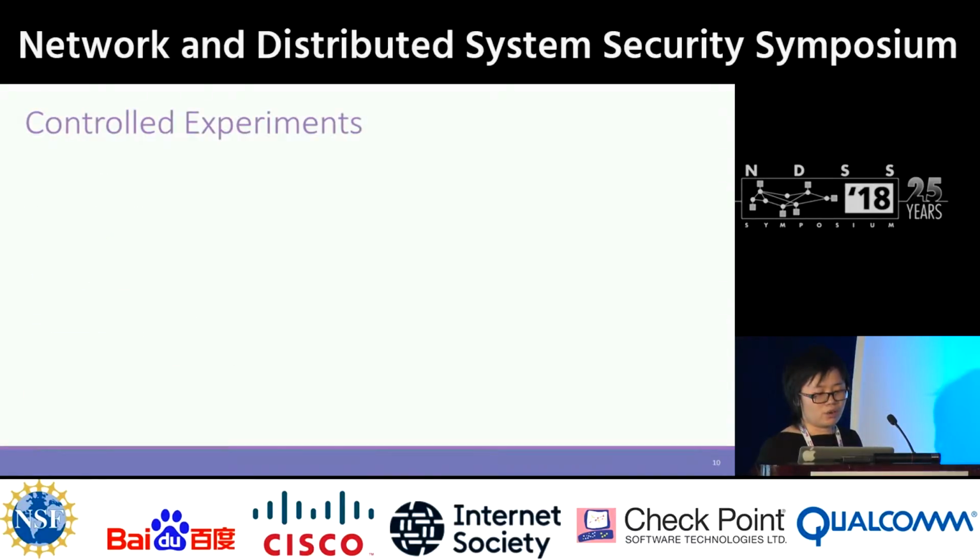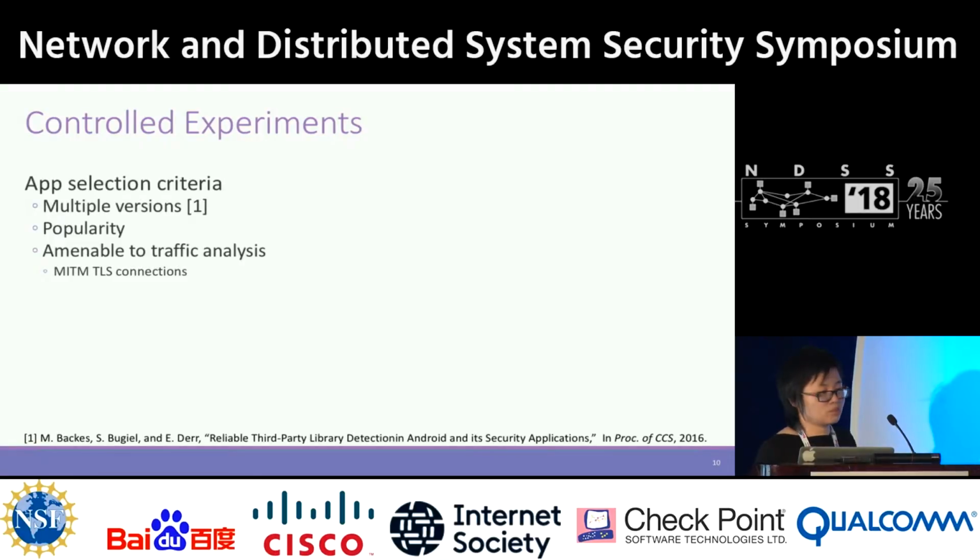Now I've cleared the definition for privacy. I'll talk about our methodology. First, we want to conduct a controlled experiment for a large amount of apps. Well, the first step is really to select apps. We want to include popular apps that are used by most of the population, and we also need access to historical versions. To this end, we explore the undocumented Google API to download the historical versions.